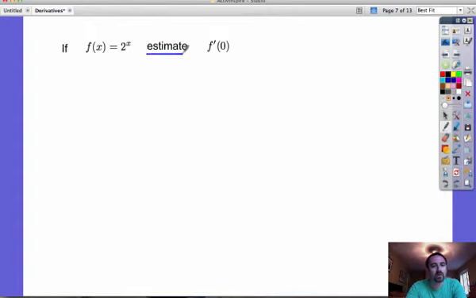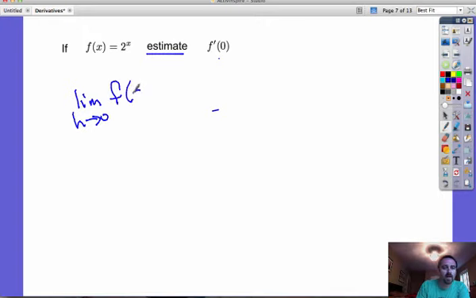Okay, so estimate, and again we're using the word estimate here, the slope, the derivative at x equals 0. This is pretty powerful stuff, really. So I'm going to do again the limit as h goes to 0. I always like this h version rather than the x going to a, but that's just me. You can choose whatever you like.